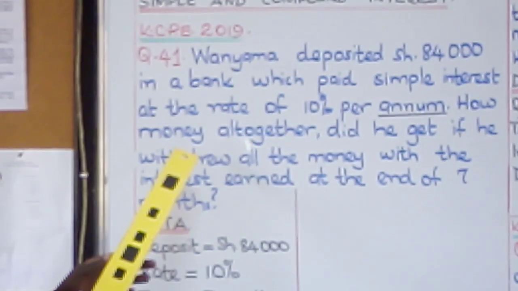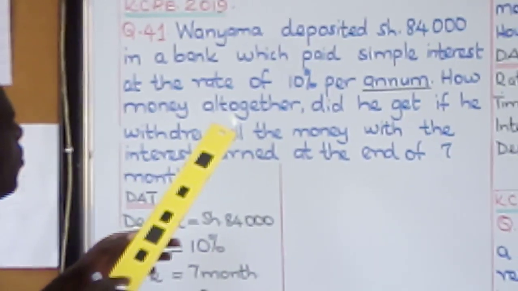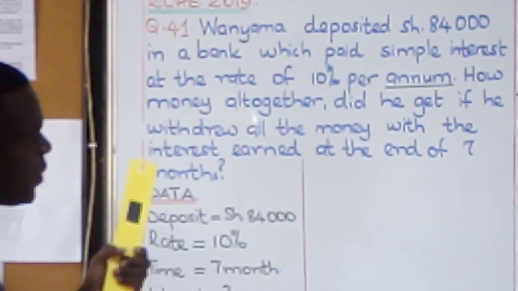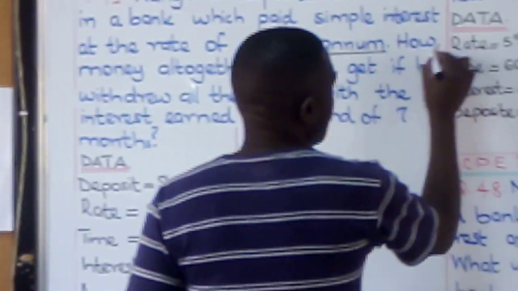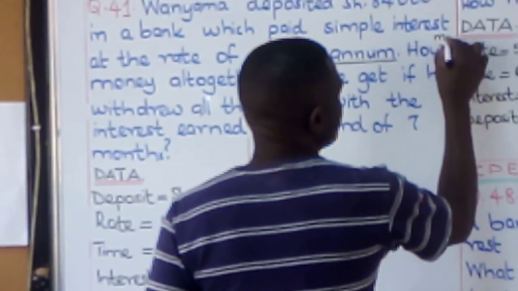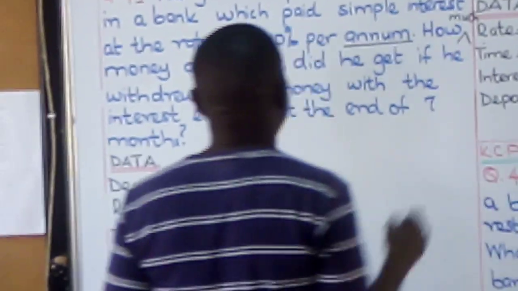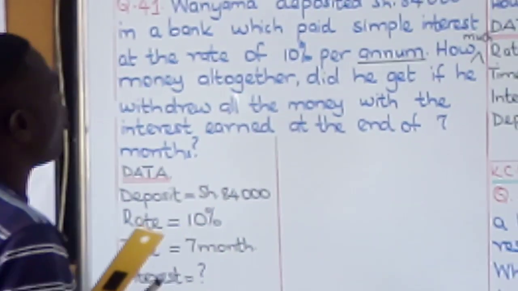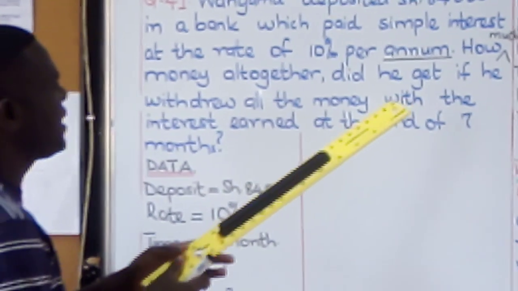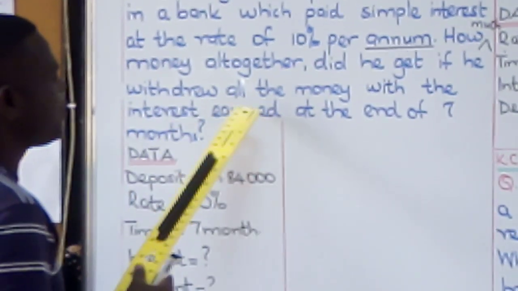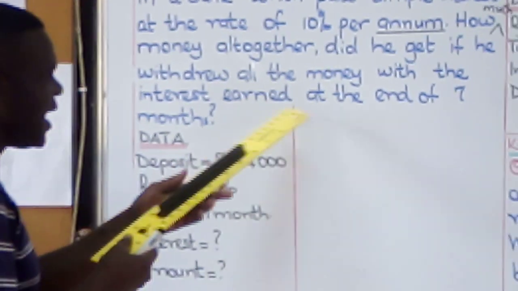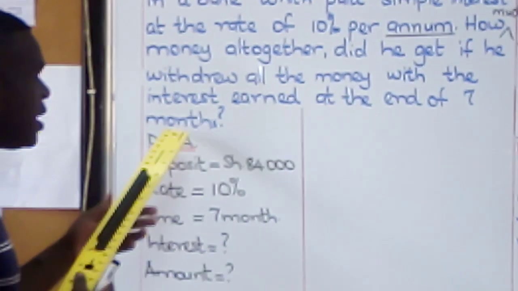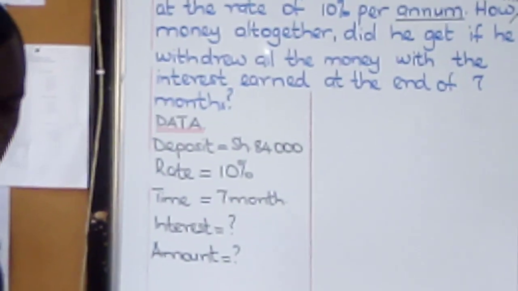How much money altogether? There is an omission here, boys and girls. It should be how much money altogether did he get if he withdrew all the money with the interest at the end of 7 months. Let's read again together, boys and girls.